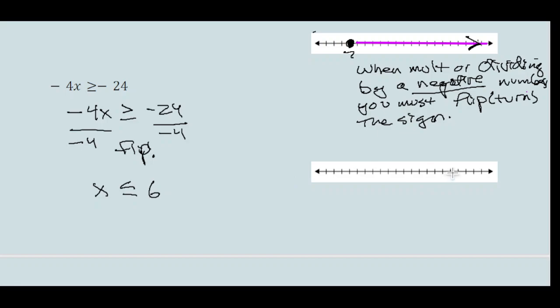So we're going to find 6. We're going to put a nice big filled dot because we've got this part right here, right? There we go. And then we're going to just go like this, right? We'll kind of draw this in like this. And then that is how you sketch that, okay?